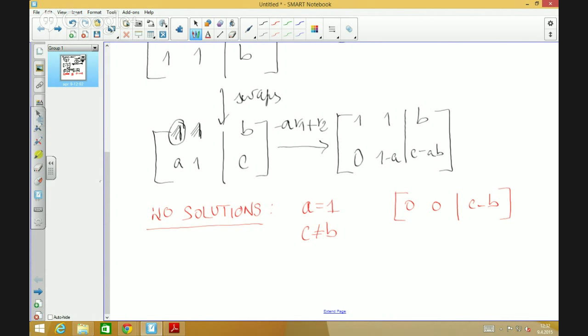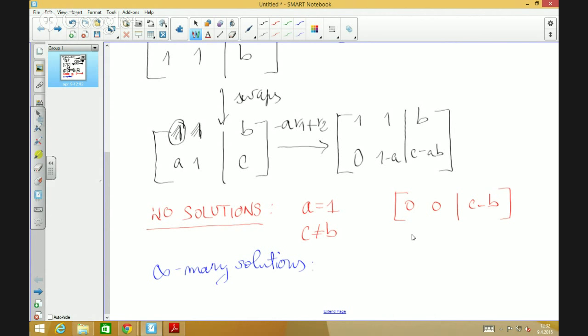Okay, so next thing: infinitely many solutions. When is it that you're going to get infinitely many solutions? Your colleague in the room is saying, well, I want the last row to be 0, 0, 0, all zeros.